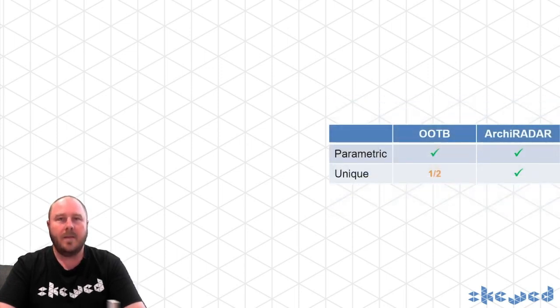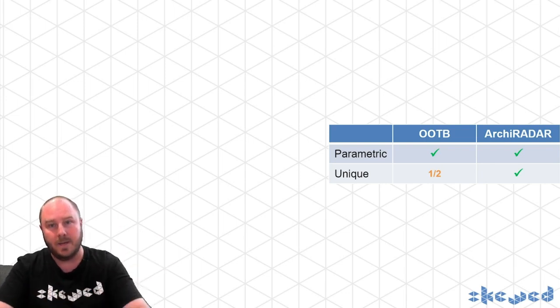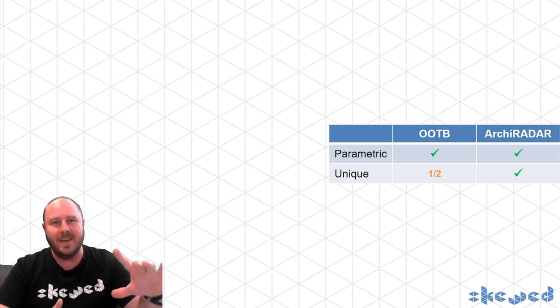Now, the other two areas that I think are really important to look at are the parametric nature and the uniqueness. The challenge with the out-of-the-box content is, yes, it is parametric, but is it really parametric? It just stretches the images up and down depending upon the size you tell it to be. And the uniqueness is kind of a halfway-there approach, where all it's doing is stretching the image, and it doesn't really create uniqueness.